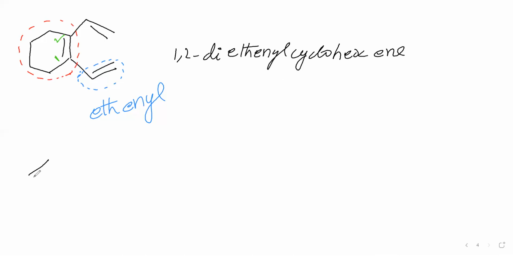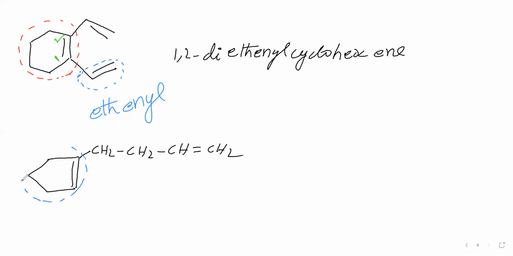Next compound we will take. Here CH2, CH2, CH double bond, CH2. Here we will select the parent. The parent is this one. This is a branch. This branch contains 4 carbon atoms, therefore we say but.